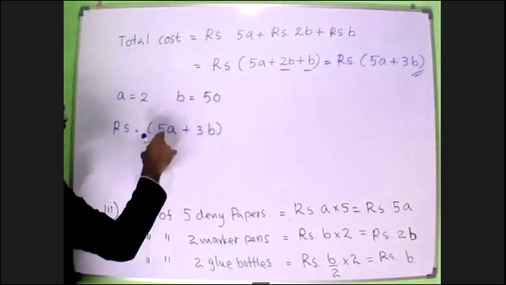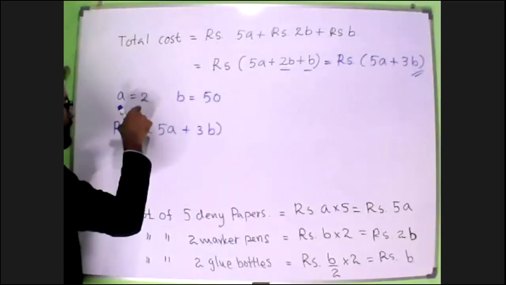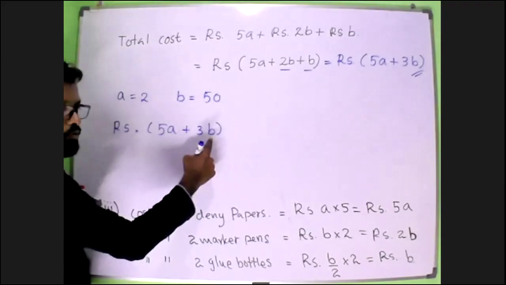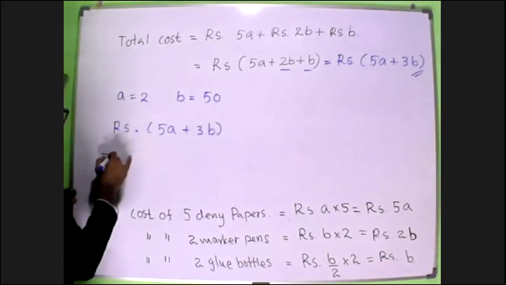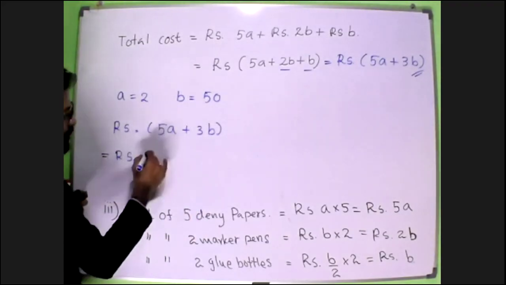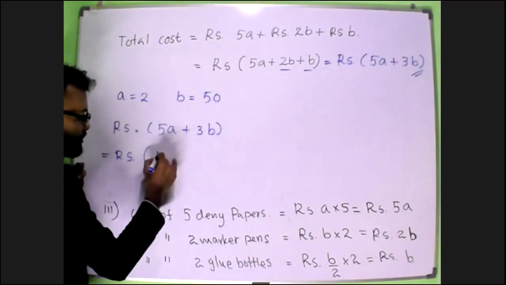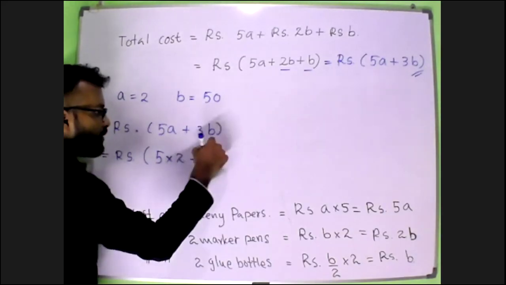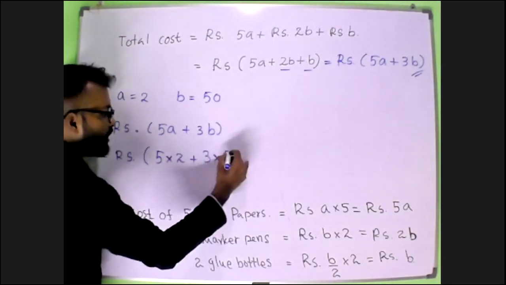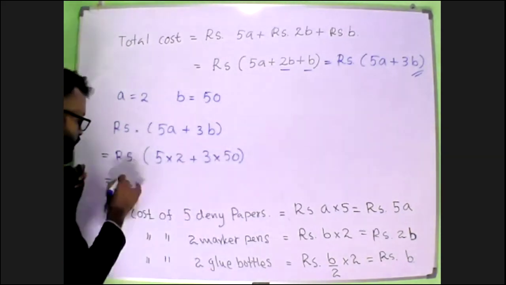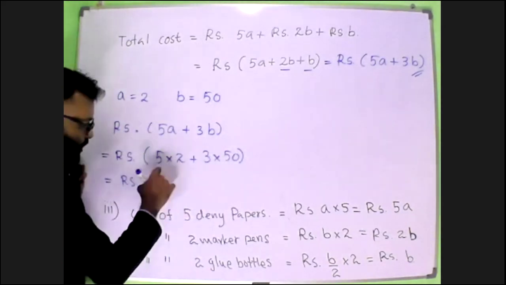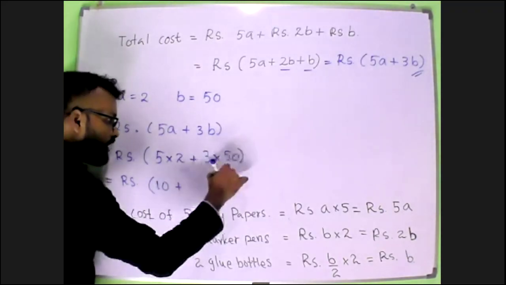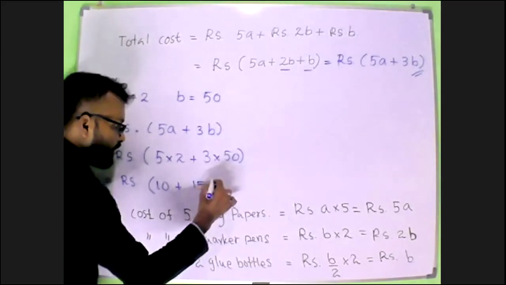So I am going to substitute A equals 2 for A, and B equals 50 instead of B. So rupees, in brackets, 5 times A, which is 2, plus 3 times B, 3 times 50, equals rupees 5 times 2, 10, plus 3 times 50, 150.